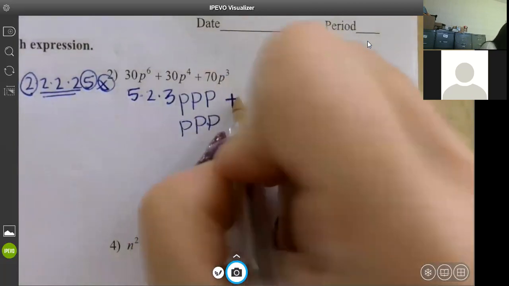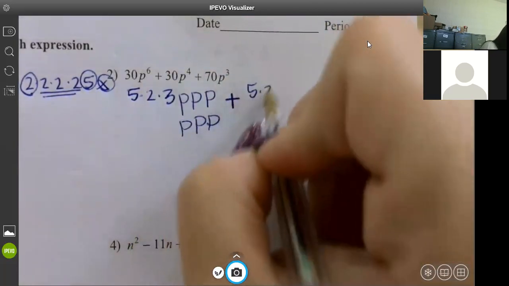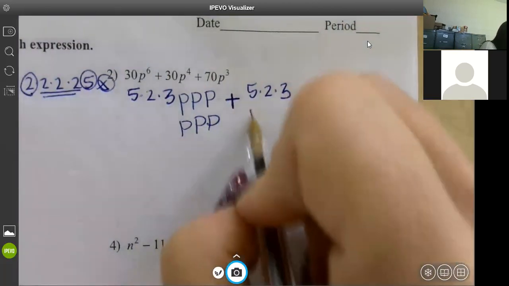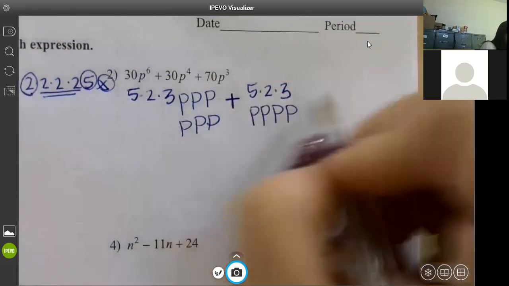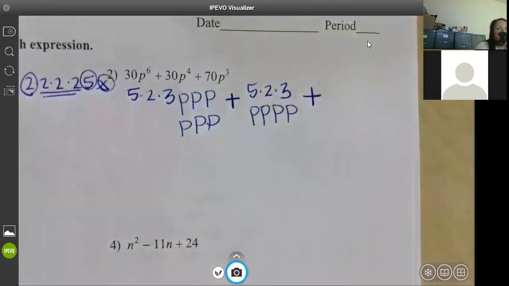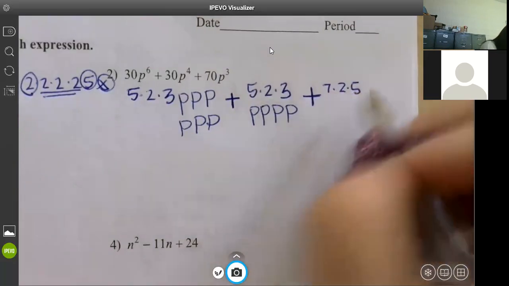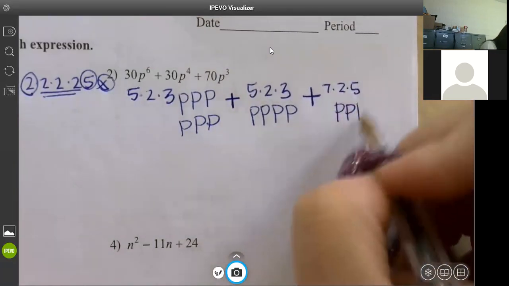Plus, we have 30 again, which was 5 times 6. 6 is 2 and 3, and 4 p's. And then we have a plus. And 70 is 7 and 10. So 7, 2 and 5, and 3 p's.